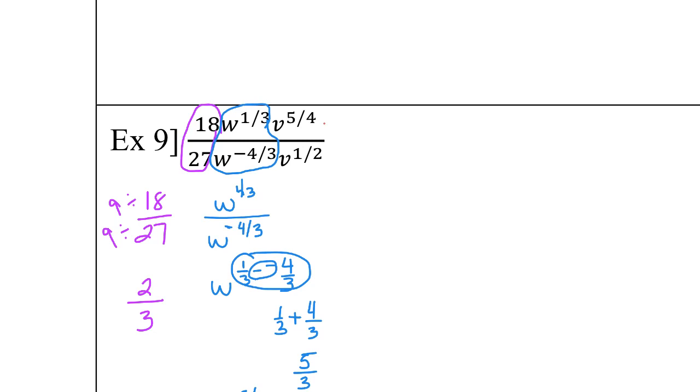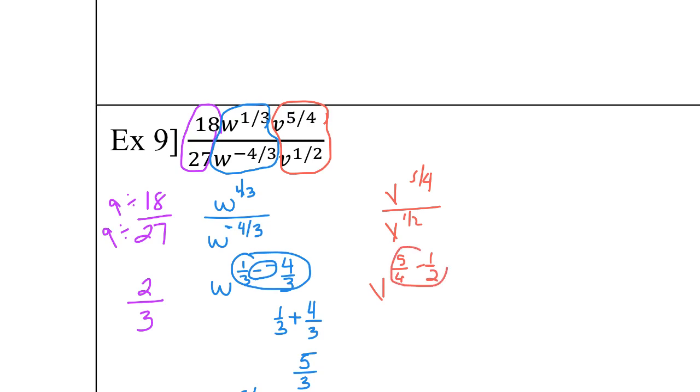And the last little piece I'm going to look at are my v's. So v to the 5/4 over v to the 1/2. Again, division says you are going to subtract your exponents. So 5/4 minus 1/2.